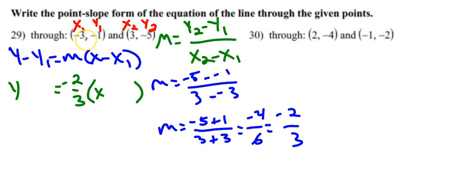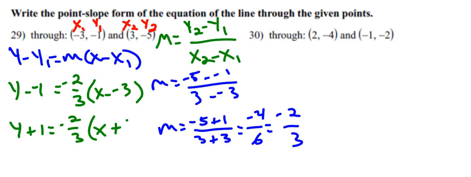So y1, it's minus negative 1. And the x is minus negative 3. You guys remember that minus a minus is really plus. So our final version here, y plus 1 equals negative 2/3 x plus 3.